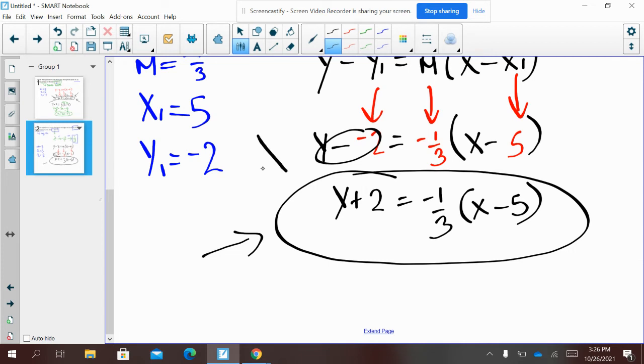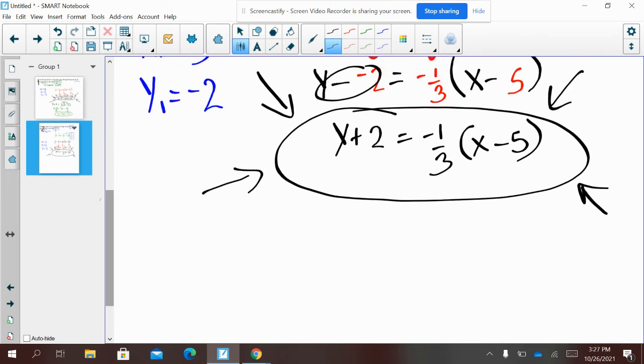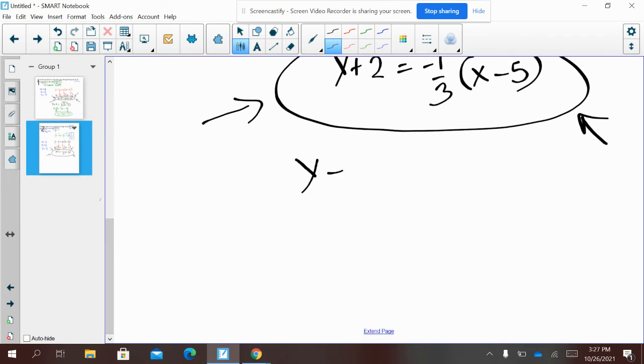Now I'm going to show you how to use this particular problem and change it into slope-intercept form. First, let's rewrite it.